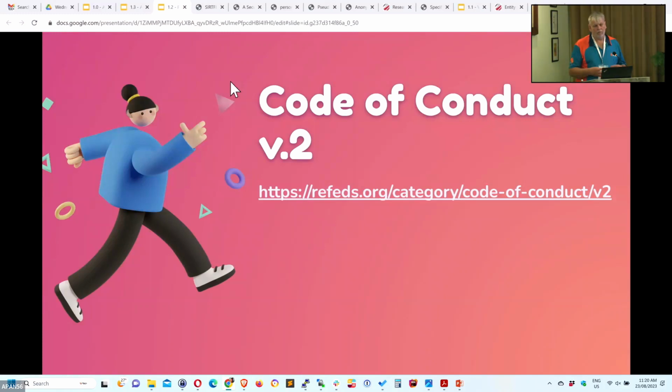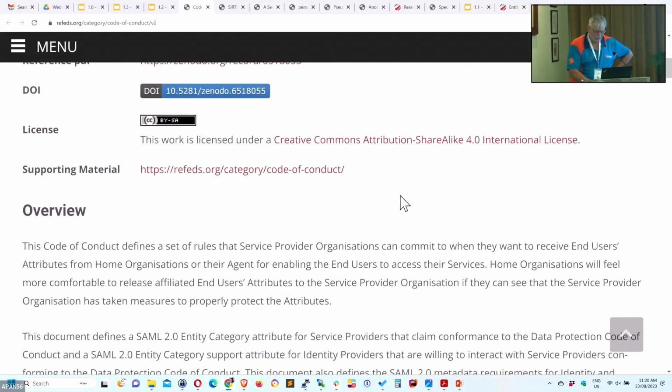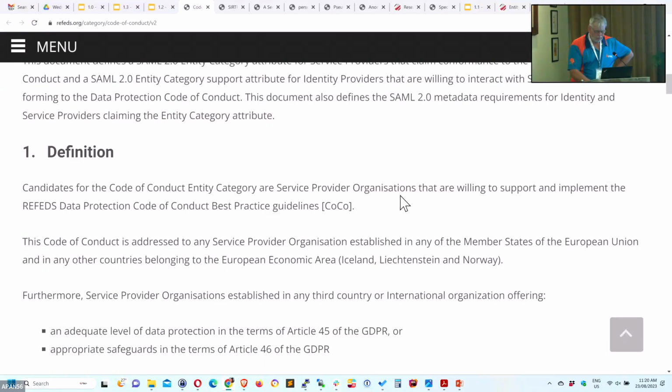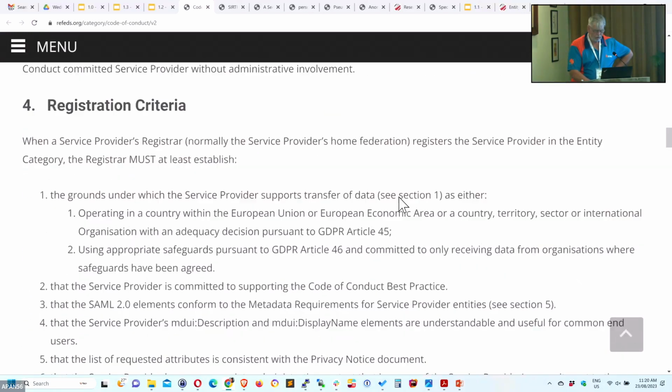It's got pretty much the same look and feel as the other entity categories when it comes to technical stuff. I haven't really dug into this one in too much detail, but we'll have a quick squiz. Let's have a look at the semantics and registration criteria.